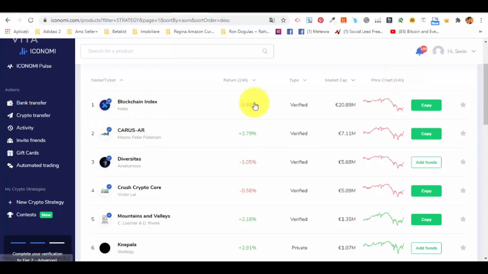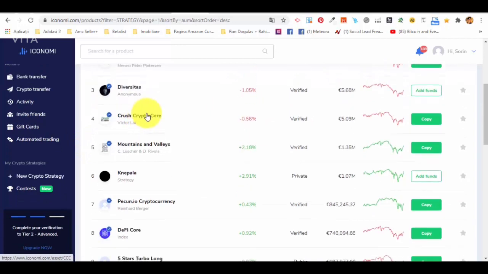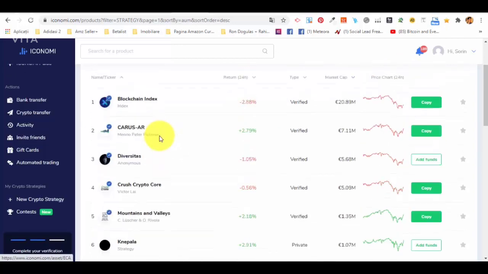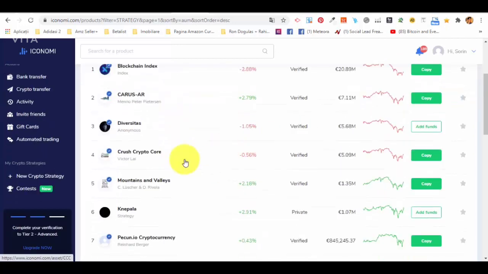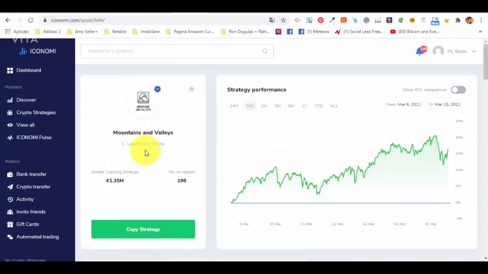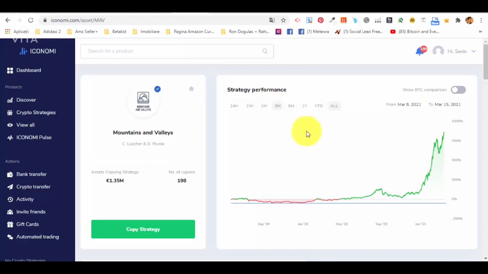Okay, if it's verified. And another thing that we are looking at, again, it will be your decision whoever you want to copy, or if you want to copy anyone at all, is, for example, you click on a strategy and we are looking for the all-time performance, and we are looking for strategies which are old, like over 2 years old.